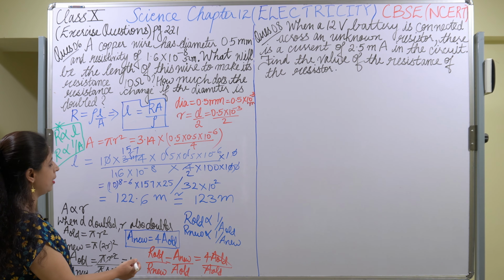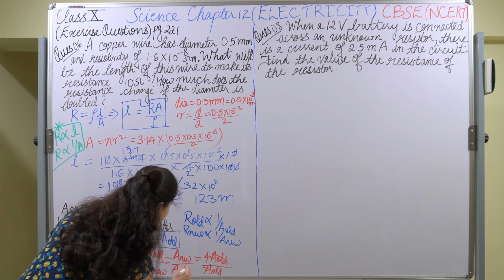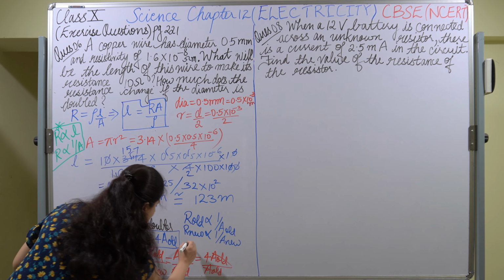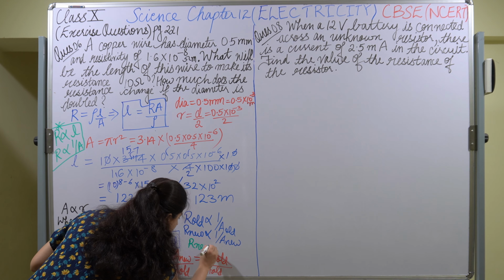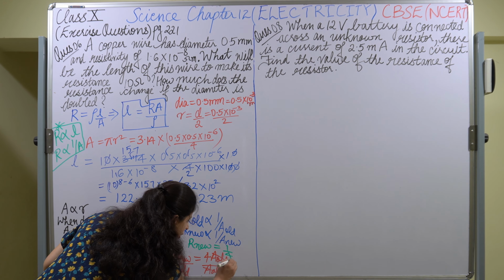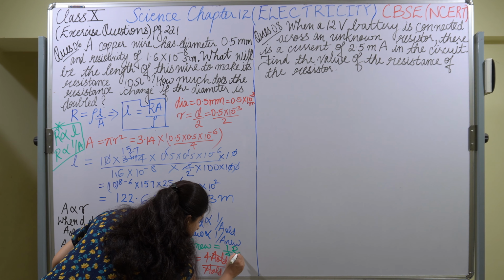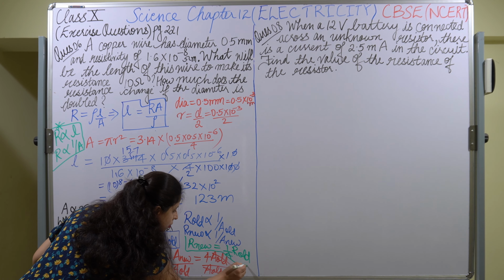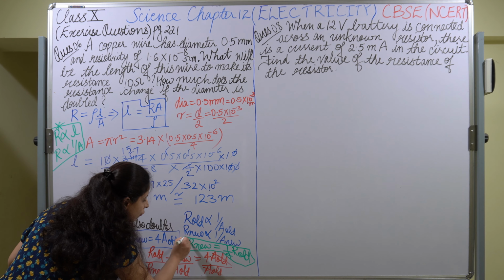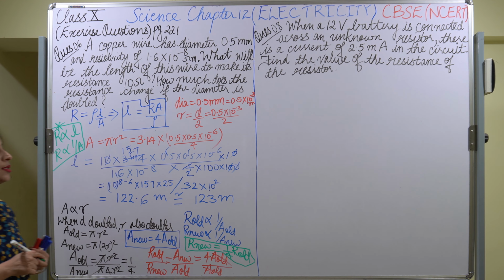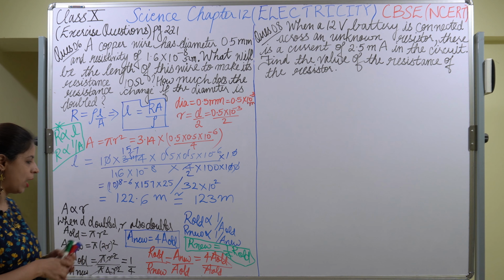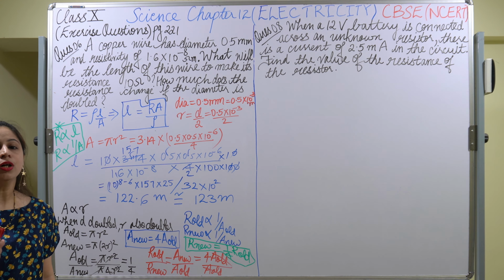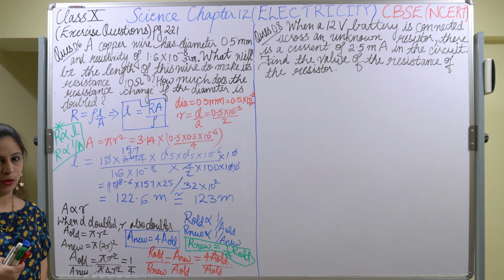Or I can say that R new is equal to 1/4 value of R old. So the resistance will change 1/4 times, and the new resistance will be 1/4 of the old resistance value.